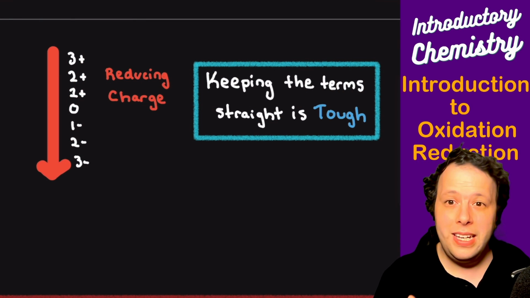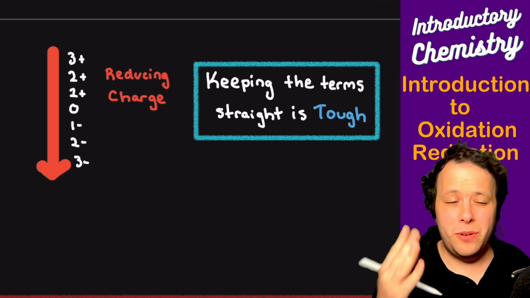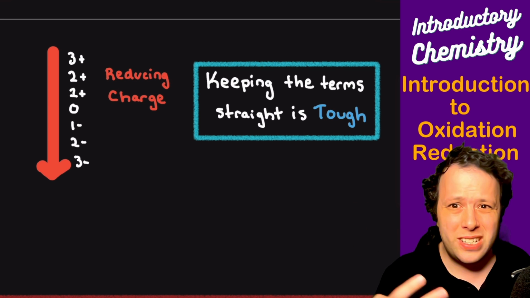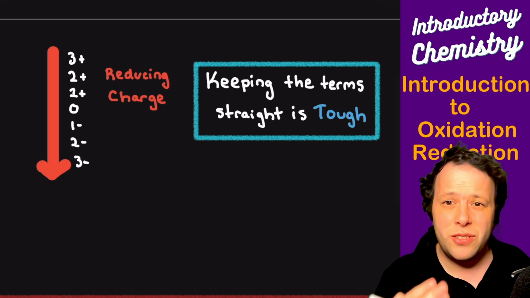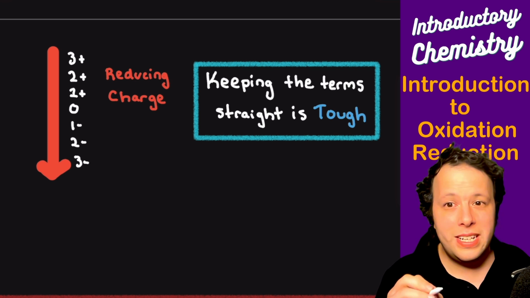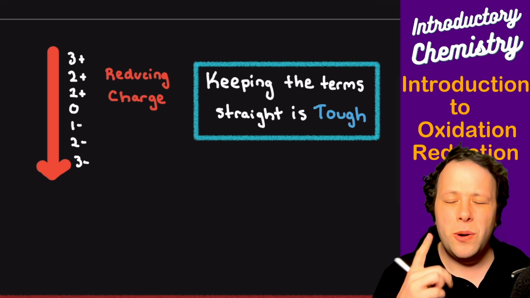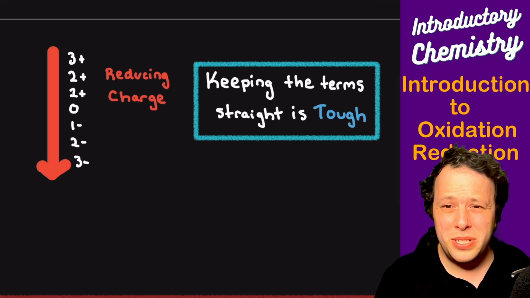Now, trying to keep oxidation reduction straight can be extremely tough. How do you know which is which? Oxidation is loss of electron, reduction is gain of electron, and that doesn't quite make sense. The first thing is trying to understand reduction. It's gaining an electron, so where does the word reduce come from?